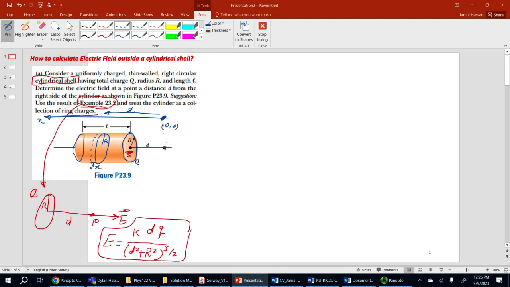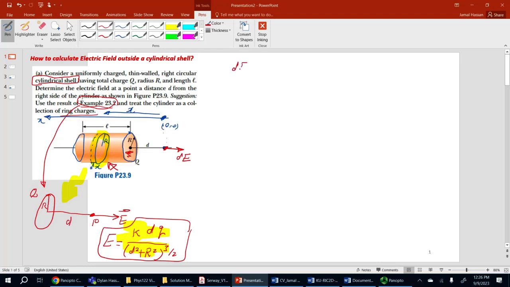Okay. So let's write the electric field due to the ring that we selected. It's similar to this example, right? So I'm going to use this equation. Now because the ring in this case is a small piece and carries a charge dq, the electric field produced at point P will be to the right, similar to the ring, and I'm going to call it dE because it's produced by a ring, which is a small piece of the cylinder.